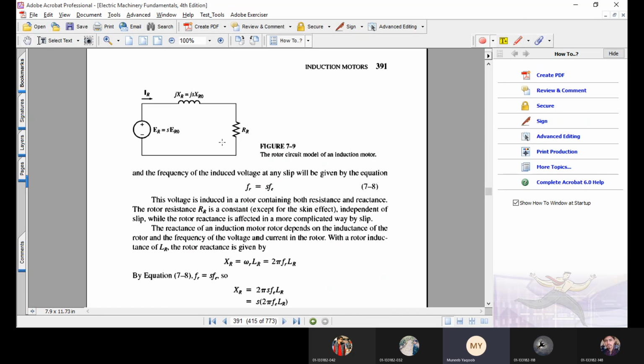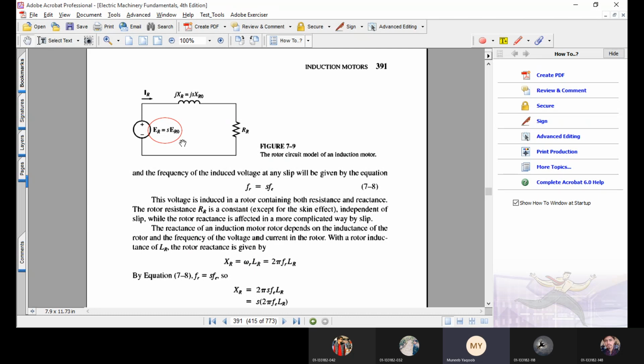Initially, the rotor's voltage ER would be maximum. That is, it would be equal to ER naught. Why? Because relative motion is maximum. But when the rotor approaches synchronous speed, ER, that is the rotor's voltage, will become 0. So they concluded that the rotor's voltage ER depends upon slip. Initially, it is 1 into ER naught, that is maximum, and finally it is 0 into ER naught, that is minimum.